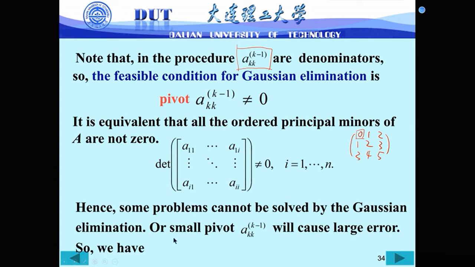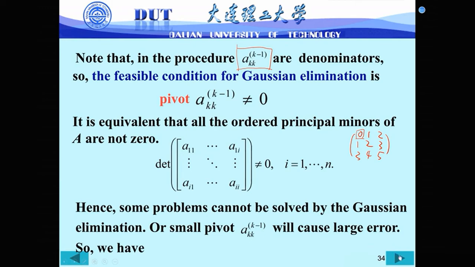In another case, we can use Gaussian elimination but with a small pivot. In chapter 1, do you remember? Because pivots are denominators, if we use a small number as a denominator, it will cause large error. A small pivot will cause large error.